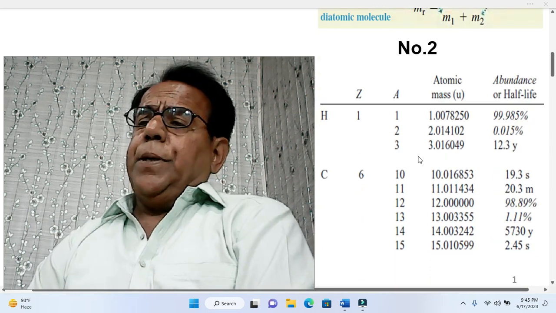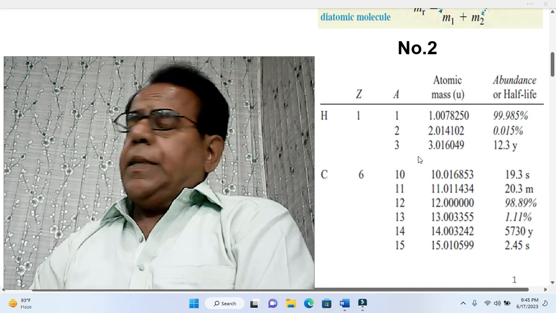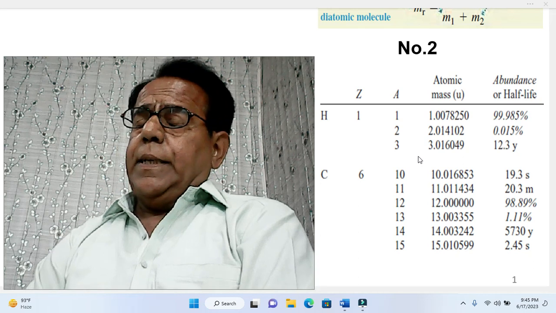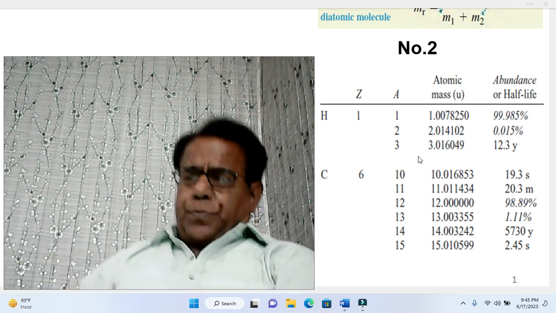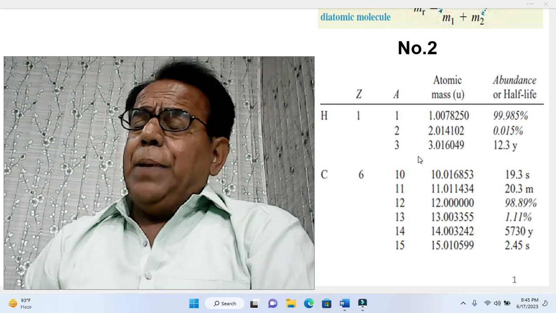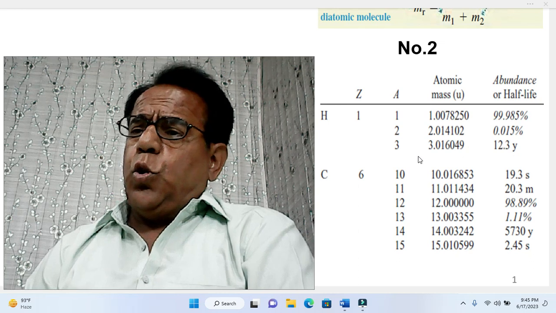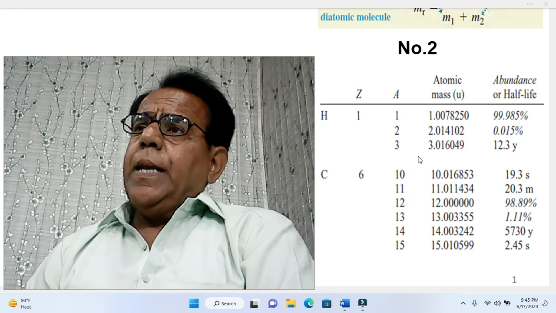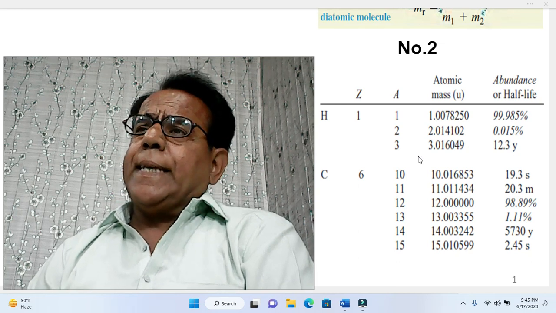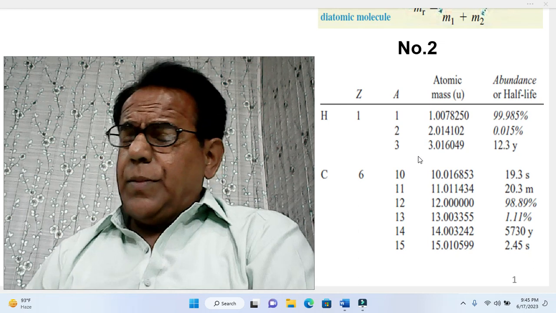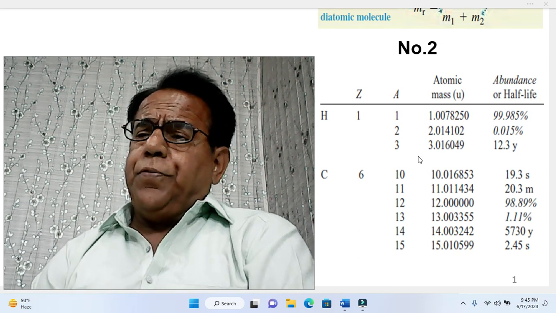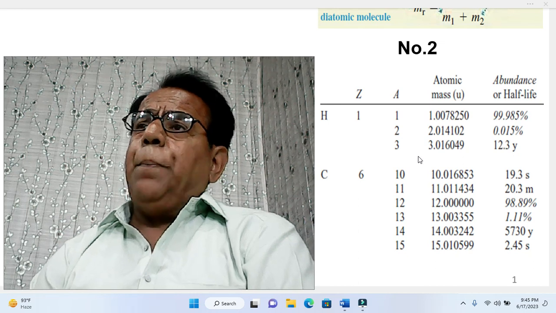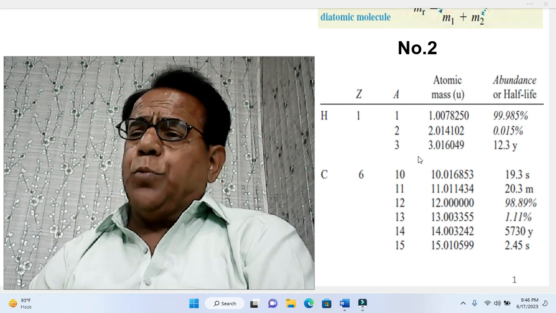Okay, in helping tool number 2, a table has been shown. Actually, this table is usually given in almost every book of physics, in appendix at the end of the book.